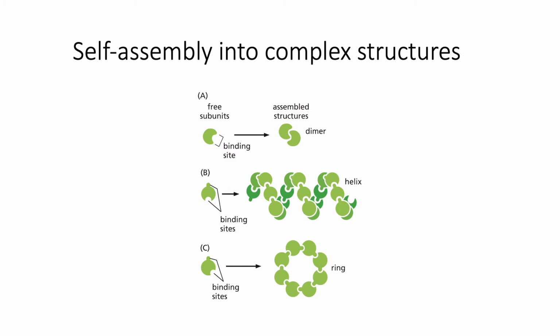Now, many of these proteins, or I should say most of these proteins that have multiple subunits, undergo this self-assembly. And it's important to remember what this self-assembly represents. The complementary surfaces, in this figure, are shown as a little bump and a little groove in the protein.